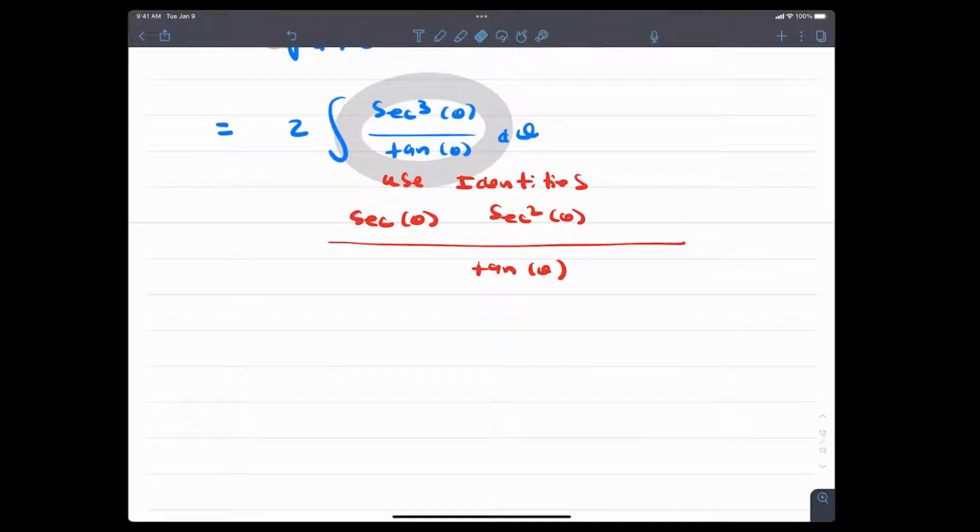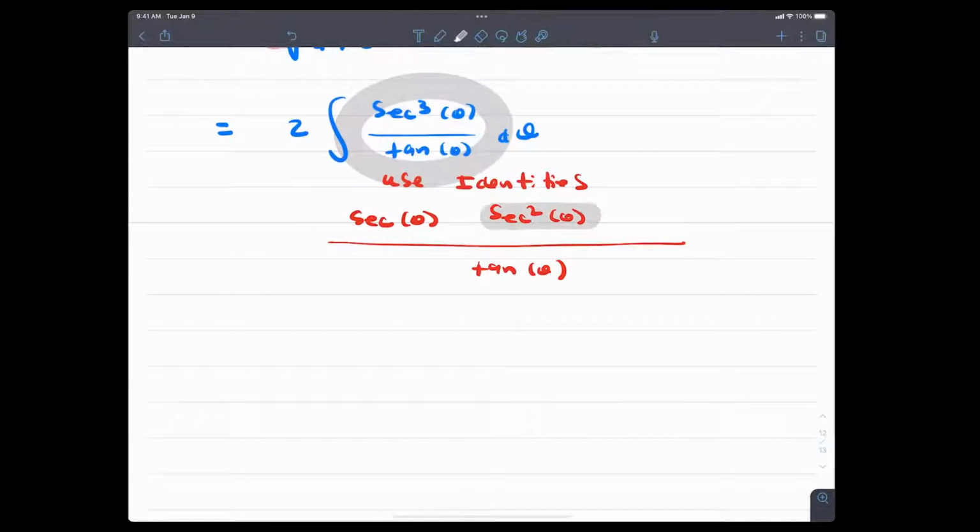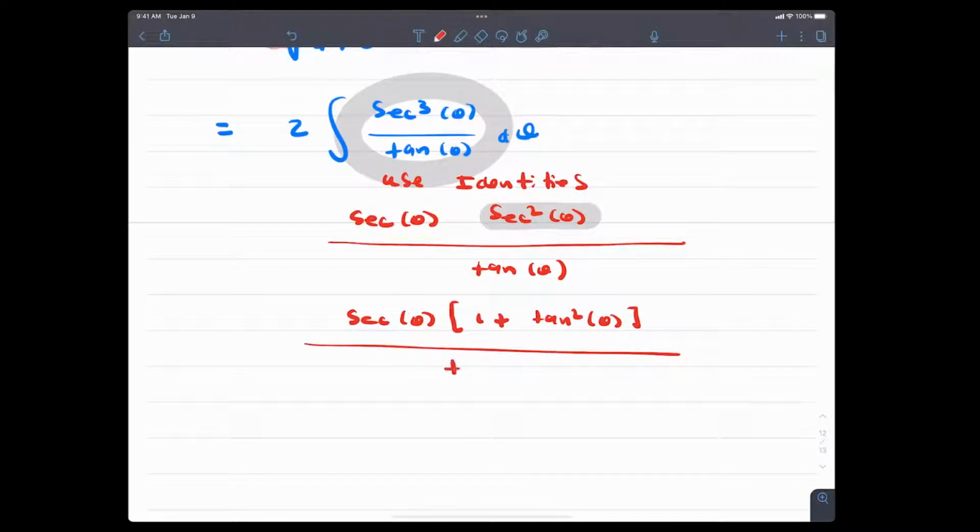You got this secant squared, right? Secant theta, secant squared theta? That's secant cube. And then what do you think I did here? At this point I said, oh, I know what that is. It's a Pythagorean identity. I had secant theta, and I'm going to replace that with 1 plus what? Tangent squared theta, all over tangent theta. And then I did the conversion.